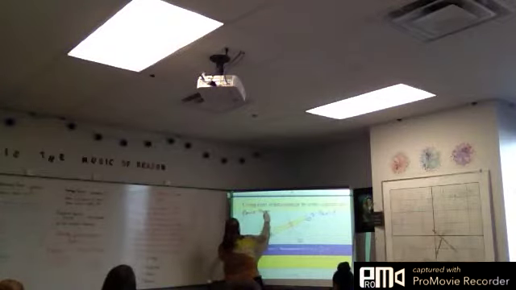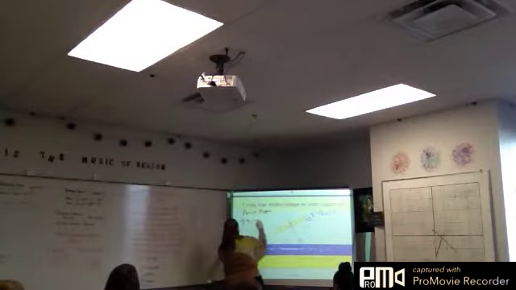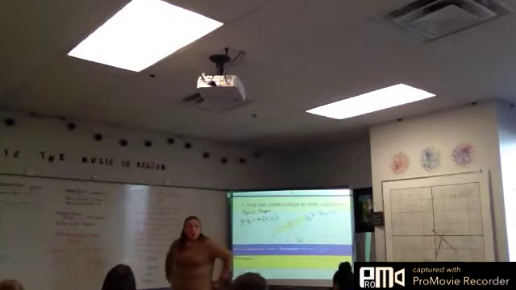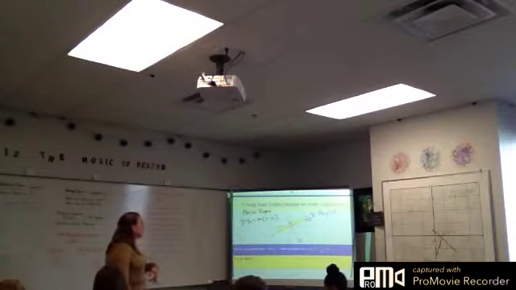If you have a point and a slope, it's y minus y1 equals m times x minus x1. I'm going to use point slope form to figure out the equation for line B.